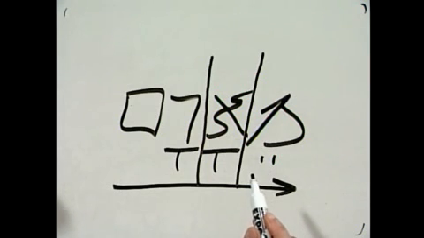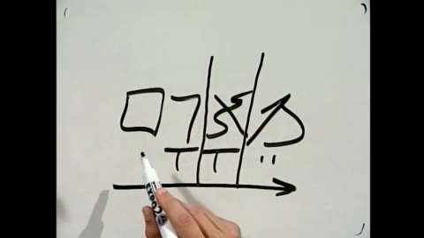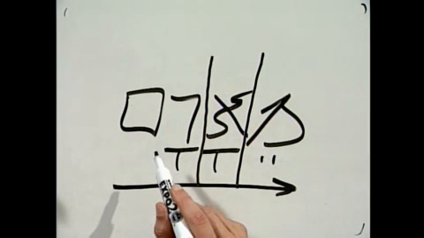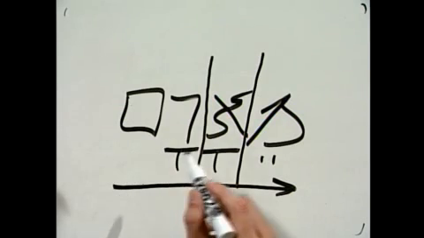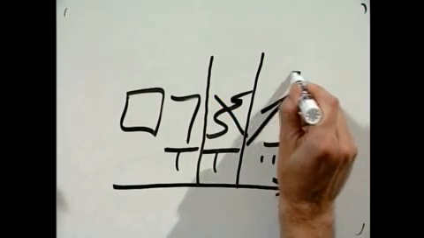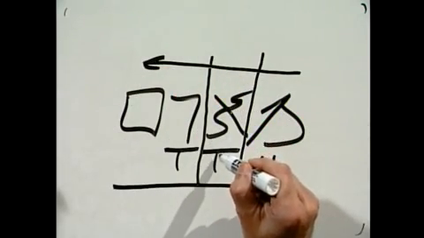Now we want to label our syllables either open or closed. We look at the final syllable here, and it ends in a consonant, and the consonant is not an aleph, it's not a hey, and therefore we would call this a closed syllable. When we come to the next syllable, as you're pronouncing it, you have an aleph and then you have a vowel.